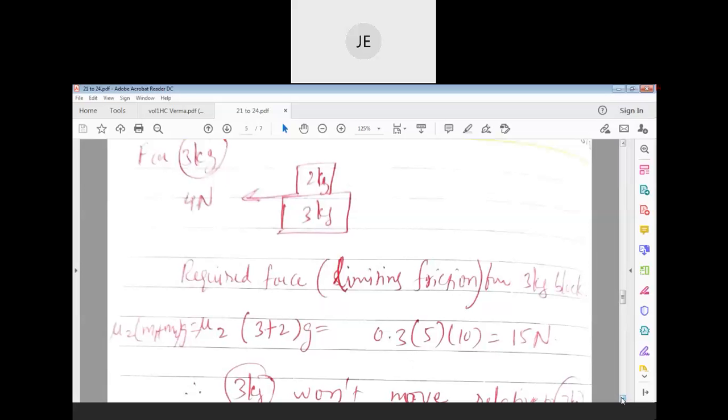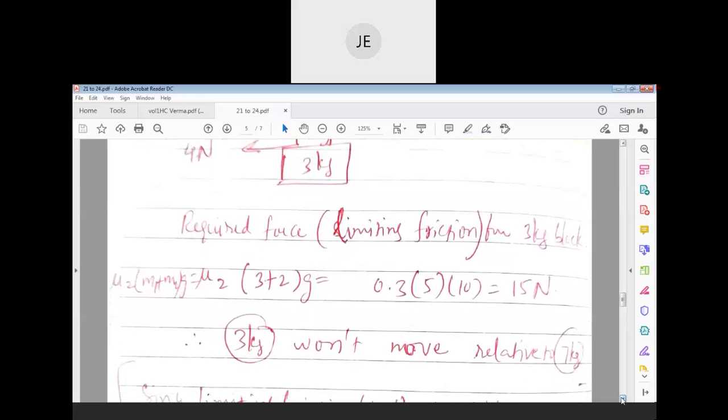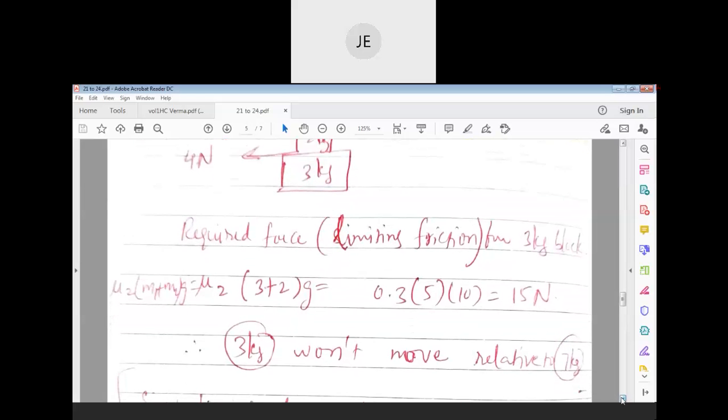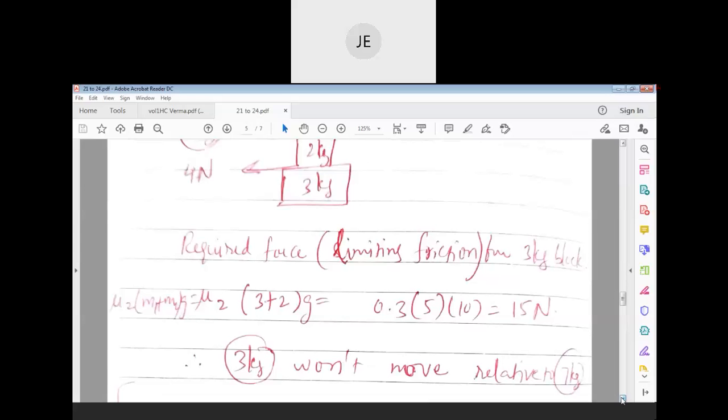So let us see whether this 4 Newton is crossing the limiting frictional force or not. The limiting frictional force to move the 3 kg body is mu into normal force.